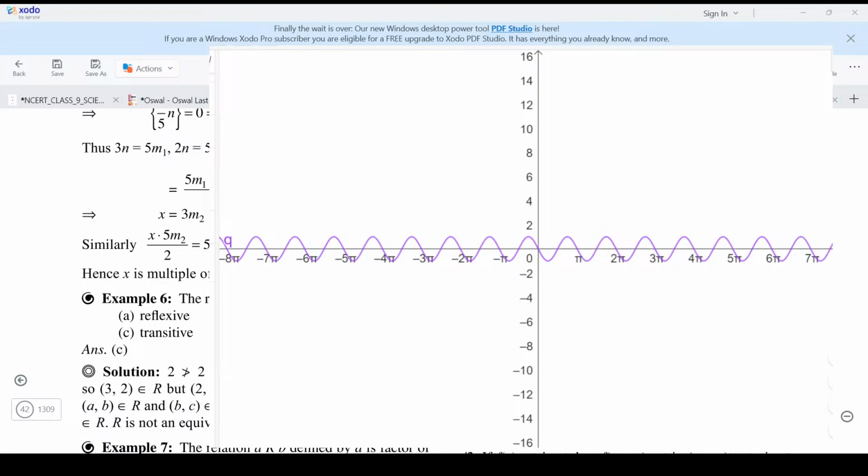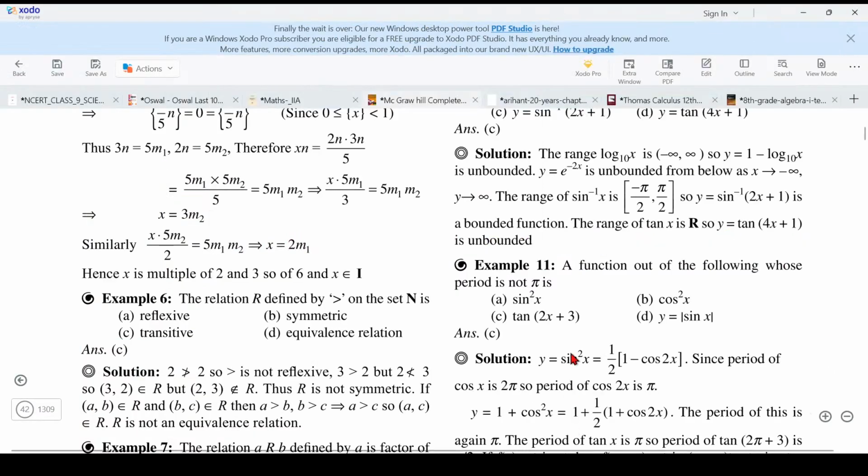For example, now we'll go back to the question. This function, he is saying, is not periodic. So basically, if you substitute x plus pi in this and you get the same function, obviously it is periodic.